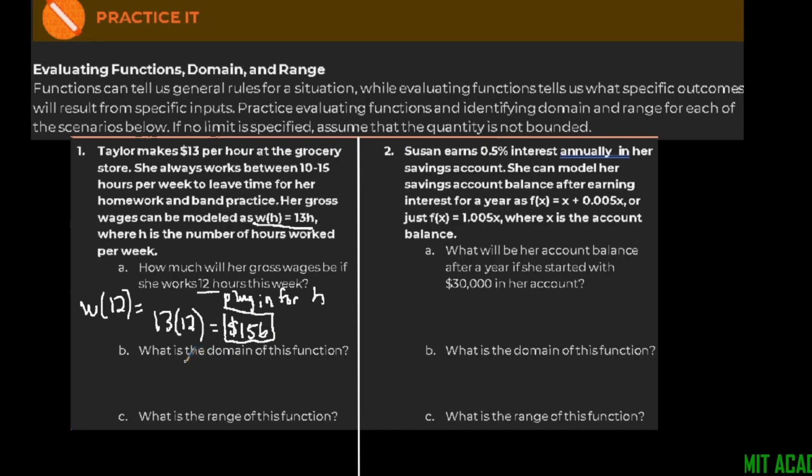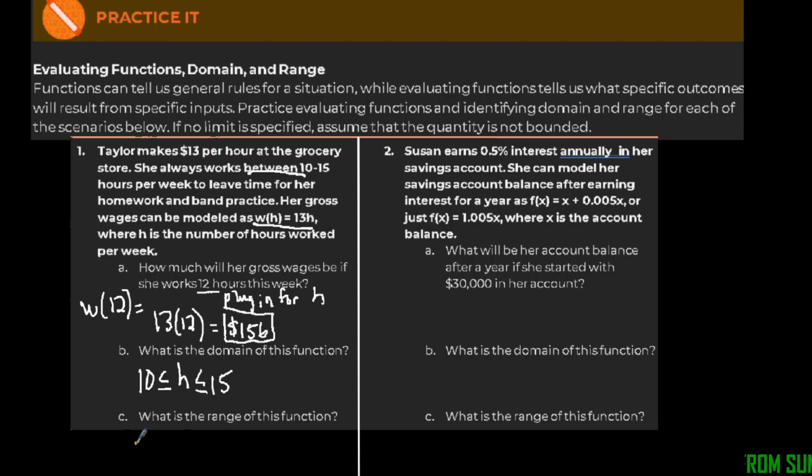And it says part B, what is the domain of this function? Well, since it's talking about hours, we're going to write it like this. It's going to be in between 10 and 15 hours, again writing it like an inequality. And then the amount possible that she could earn would be this.